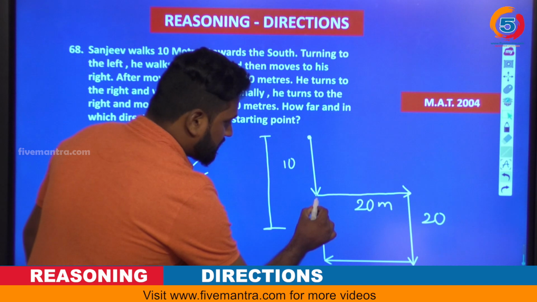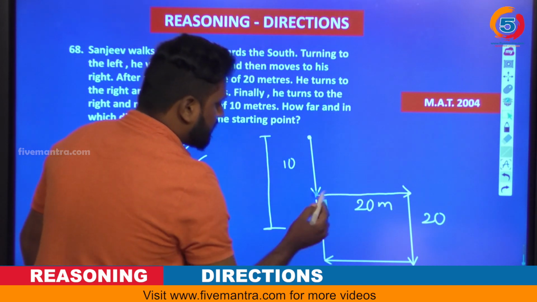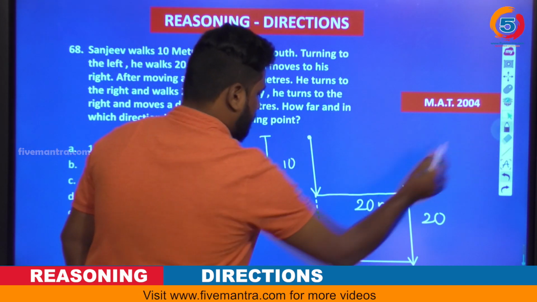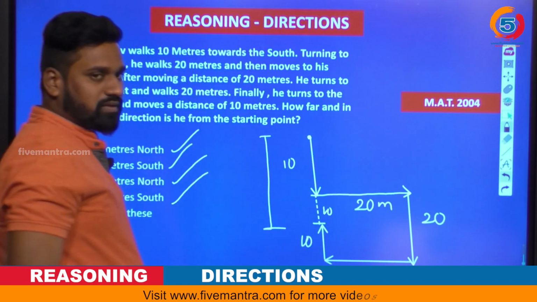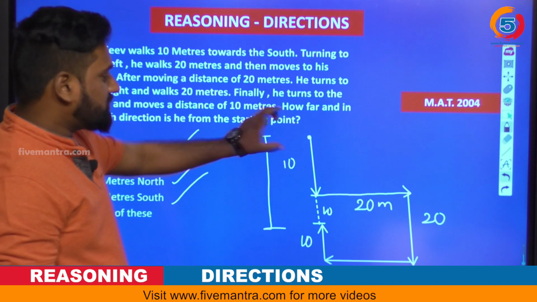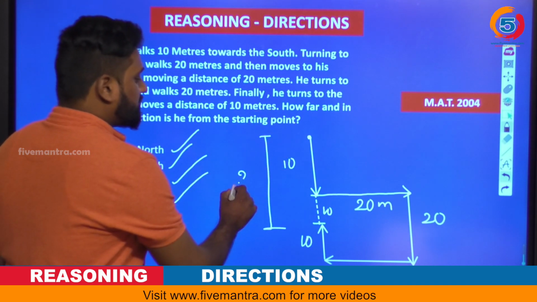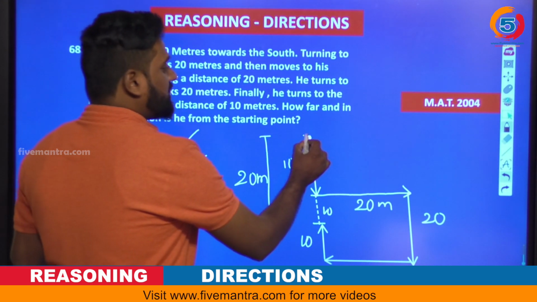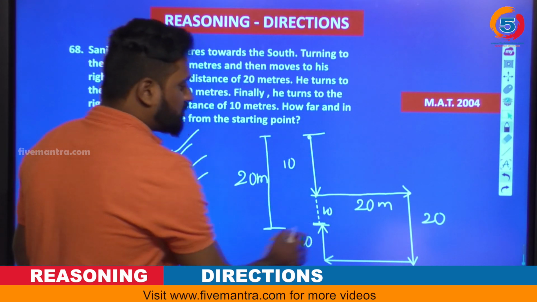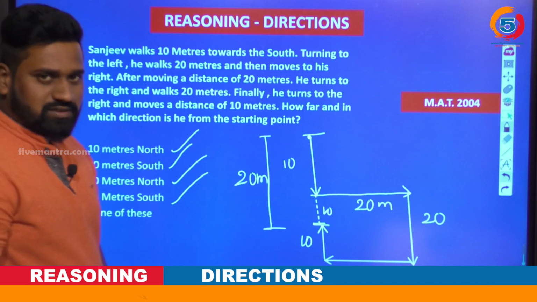This is the portion which indicates 10. From here to here 10 meters. And this is 10 and this is 10, total becomes 20 meters. Is it clear? So total distance from the initial position to final position is 20 meters.